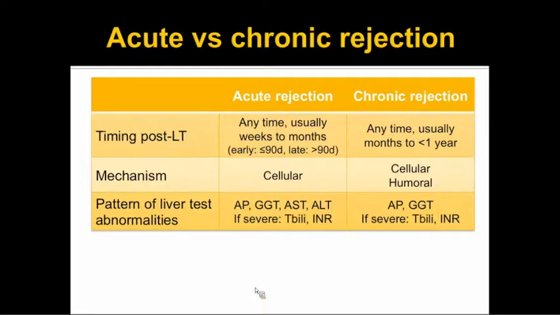It's true that acute rejection occurs most often in the first 6 weeks after liver transplant, and can be more common in the first year of transplant than later. But it really can occur any time post-transplant, even months or years later. And chronic rejection really can occur at any time, even several weeks after transplant. There's what's called early chronic rejection.